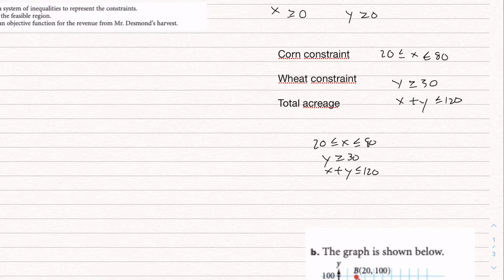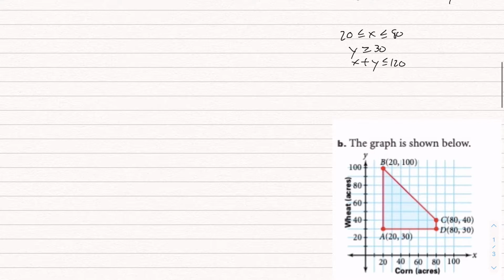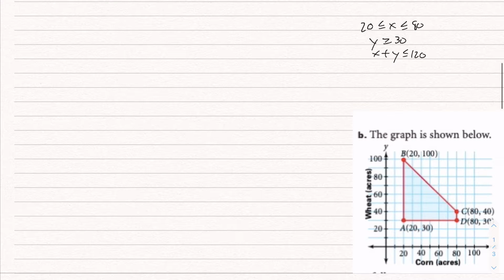For B, the graph is shown like this. To find C, the objective function for the revenue is as follows.